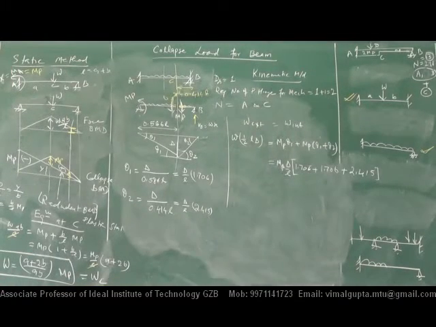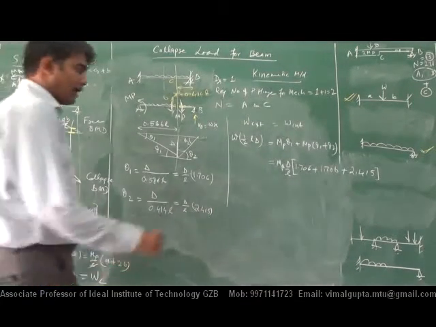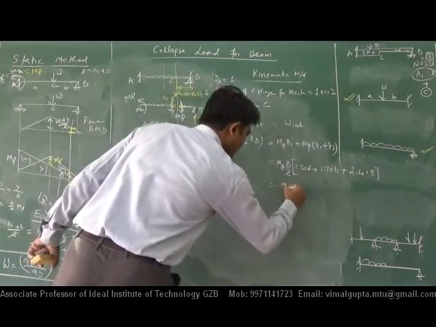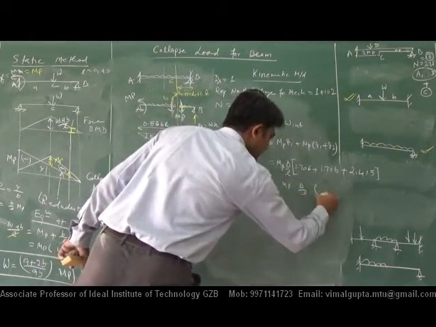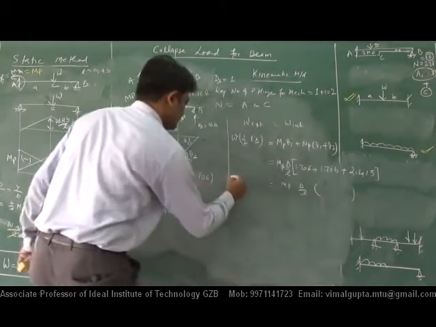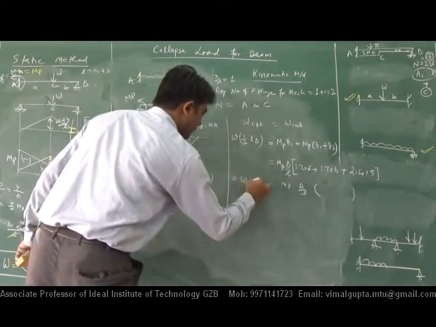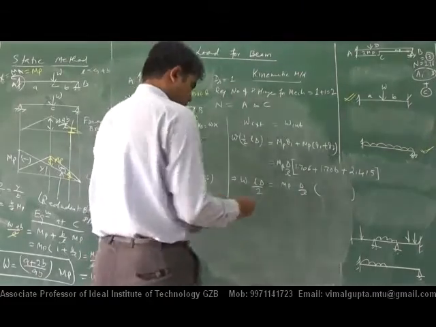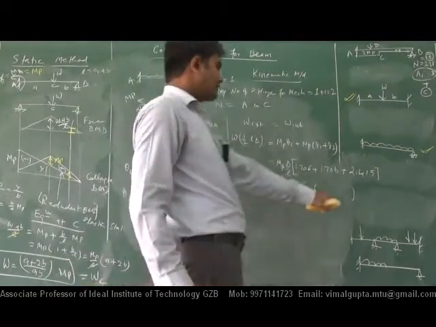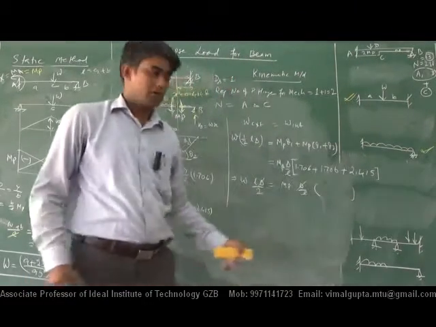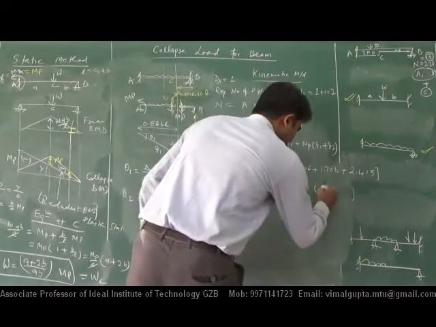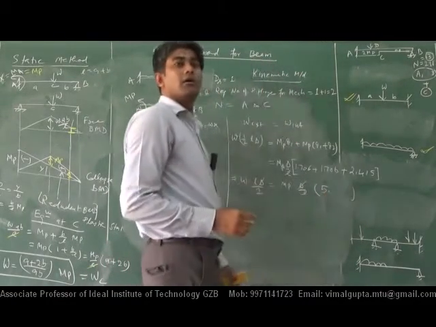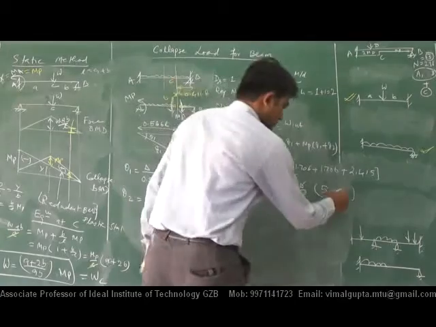Okay. Now tell me MP into delta by L, that factor, W into L delta by 2. So delta and delta will be cancelled out. Now tell me that value. 5.82.